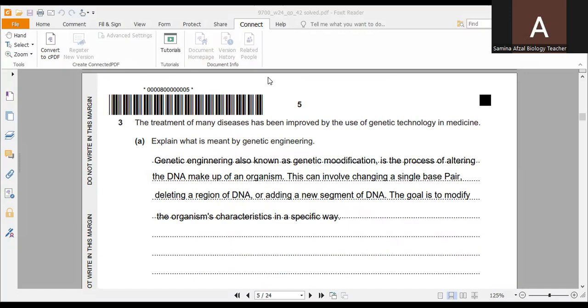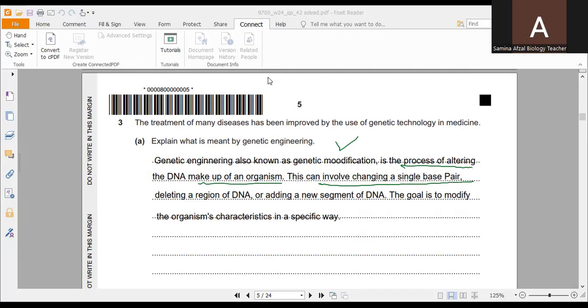Genetic engineering, also known as genetic modification. Modification means the modification in the DNA. So it is the process of altering the DNA makeup of an organism, which can involve changing a single base pair.